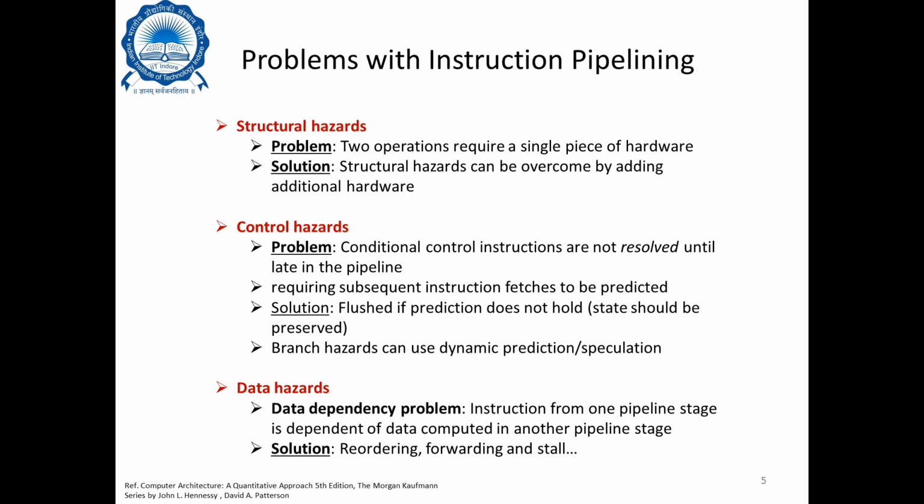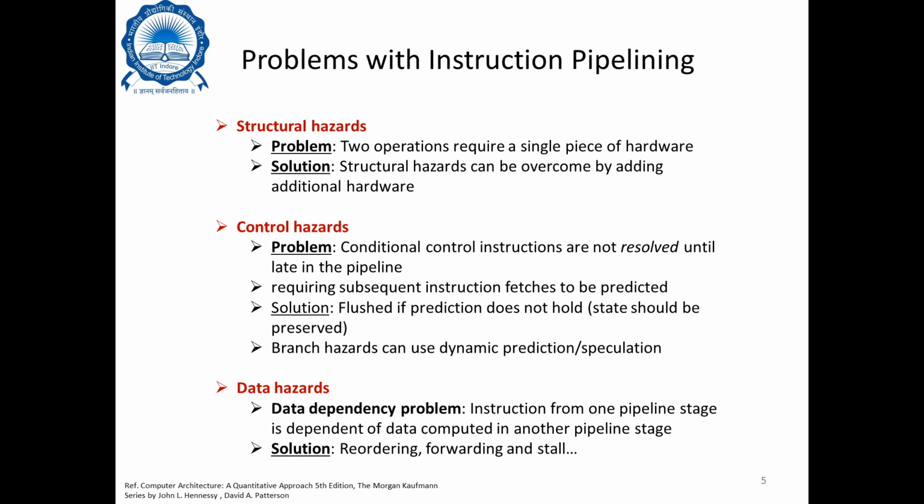Second, control hazards. The problem is conditional control instructions are not resolved until late in the pipeline. It takes time to resolve the conditional control instructions. Secondly, it requires subsequent instruction fetches to be predicted. So these two are the problems. We need to know what is going to be the subsequent instruction fetch, so we should have some prediction mechanism.